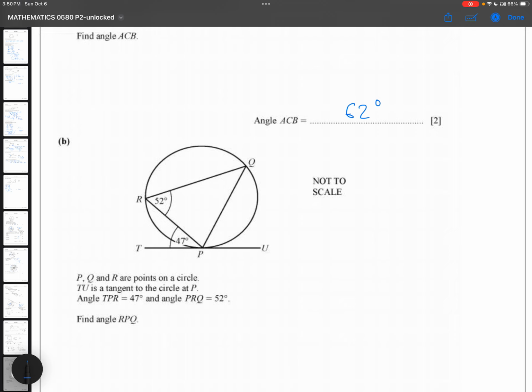Now P, Q and R are points on a circle. TU is a tangent to the circle at P. Angle TPR is 47. Angle PRQ is 52. We have to find the angle RPQ. We need to find this angle.